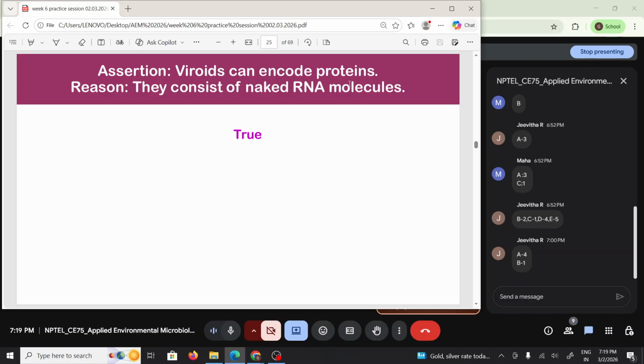So here the assertion is viroids can encode proteins because they consist of naked RNA molecules, and here both the assertion and reason are true. Any idea what viroids are? We have not started with that yet.